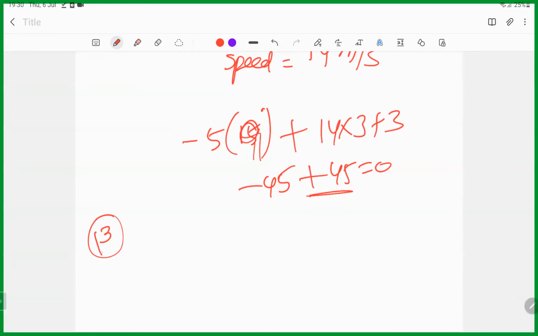So 18th is, so what is the vertical component of velocity? Tell me. What is the vertical component of velocity at h max? 0.